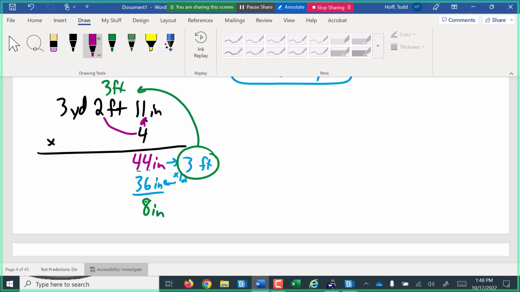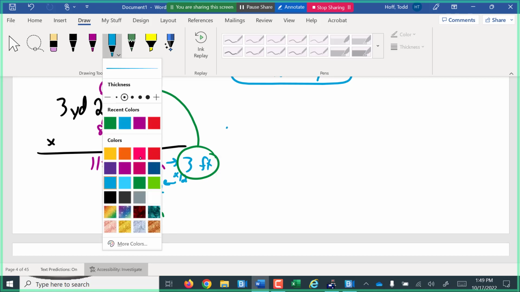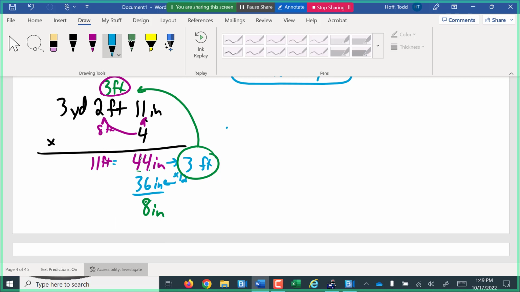So now we have 4 times 2 feet is 8 feet plus the 3 we carried. 11. So it's 11 feet. How many yards are in that? So 3 yards and 3 feet per yard. So 3 times 3 is 9 feet.